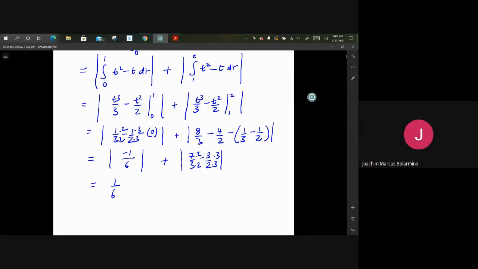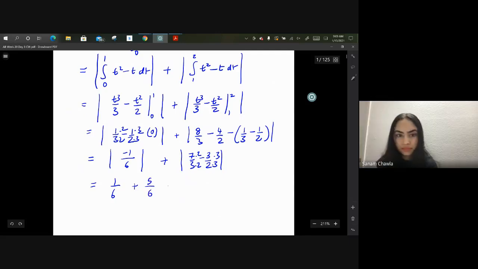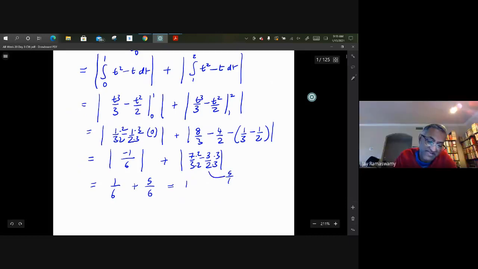So 5 over 6, positive. Adding 1/6 gives the final answer 1. This part was 5/6, and the absolute value stays 5/6.